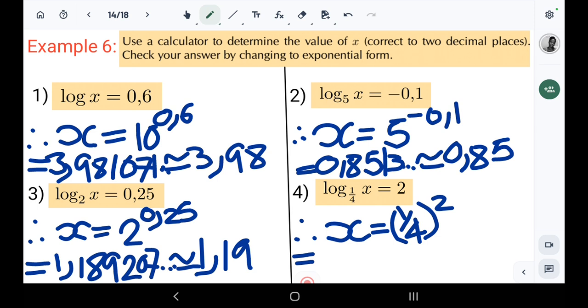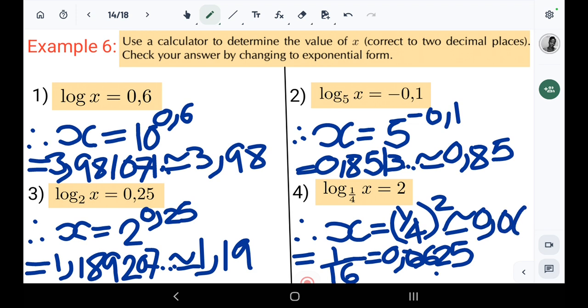That is equal to 1 over 16. Now to find that number in decimal format, you press the S to D button, and that gives you 0.0625, and rounding that off correct to 2 decimals is 0.06, and that's the answer there.